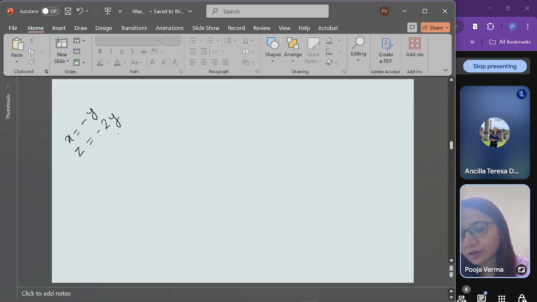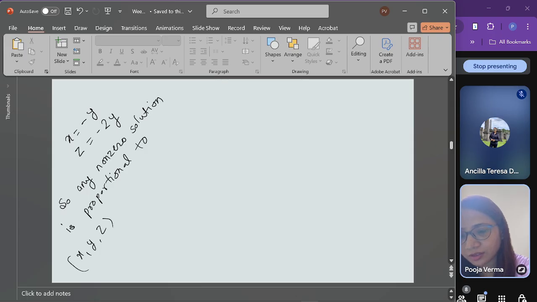These values we have got from those equations. Now, any non-zero solution is proportional to the x, y, z values that we are finding.